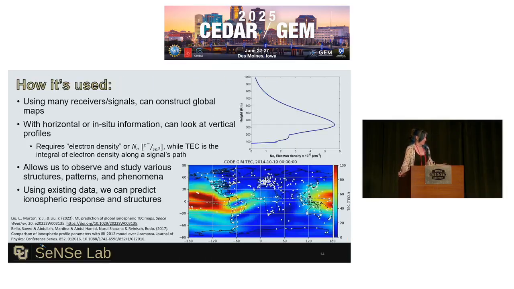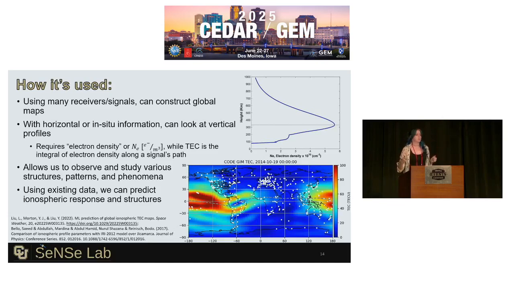Here are our specific examples where we can use ground receivers to construct global maps of total electron content, which is what I have on the bottom there. You can also see those ionization bands along the equator, like I was mentioning. And if we have other horizontal or in situ information, we can derive the electron density, which is the electrons per meter cubed in one cubic region rather than the total number.